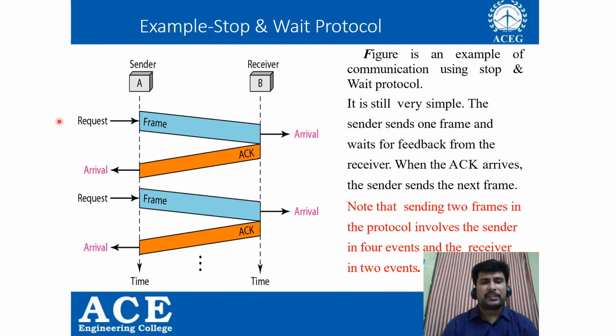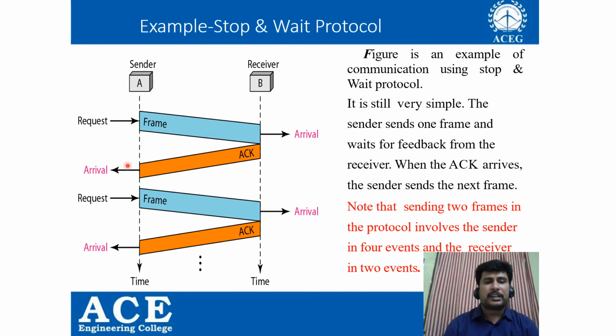Once sender A's data link layer receives the data from the network layer, it converts it into a frame and forwards it to the receiver B. And the sender waits until it gets the acknowledgement from the receiver B. Once the acknowledgement from B is received, then it will send the next frame and again wait until the receiver receives the frame, generates an acknowledgement frame and sends it back to the sender.